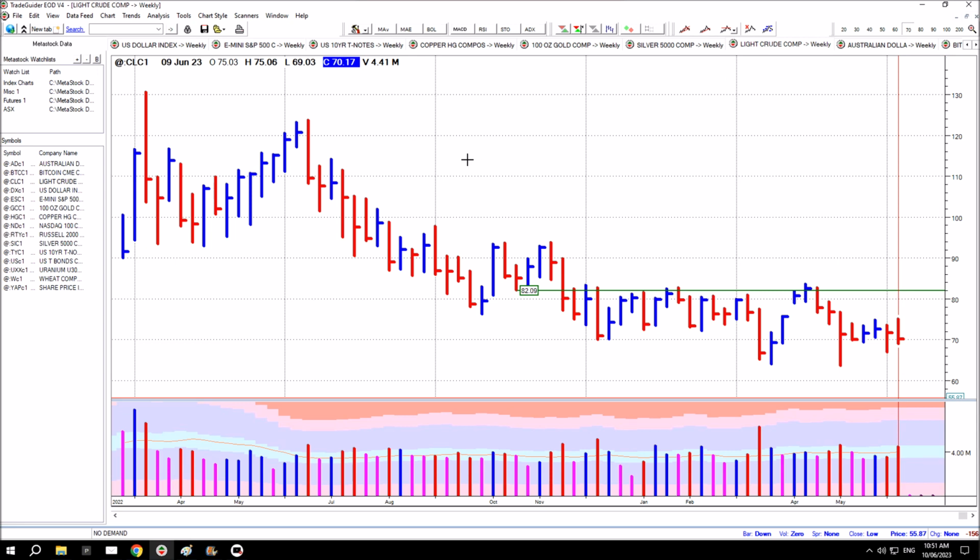Like crude price futures, you can see here's the old range here, and price broke down on this bar, and this became a resistance level. There was a secondary breakdown on this bar here.